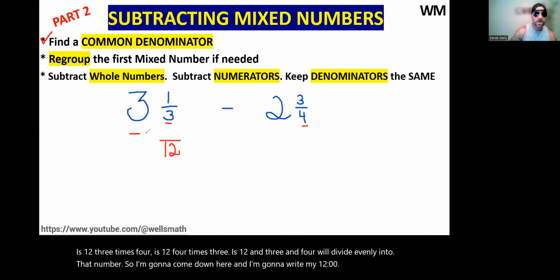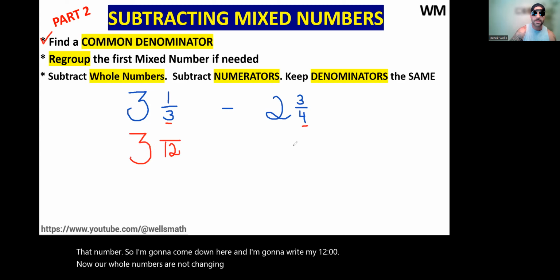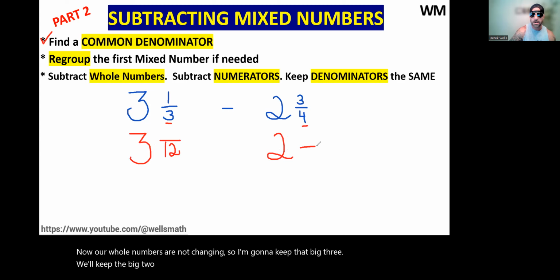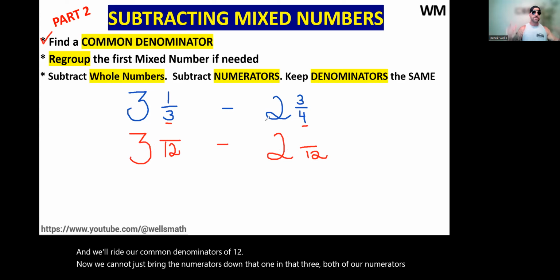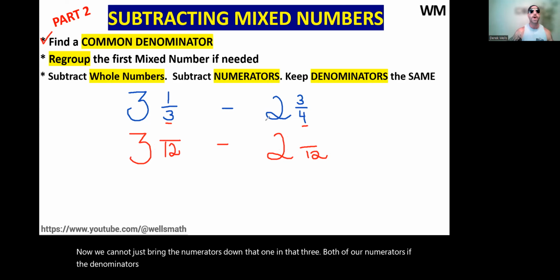Now our whole numbers are not changing, so I'm going to keep that big 3. We'll keep the big 2 over here. And we'll write our common denominators of 12. Now, we cannot just bring the numerators down. That 1 and that 3, both of our numerators, if the denominators change, the numerators will have to change. So here's what you'll do.